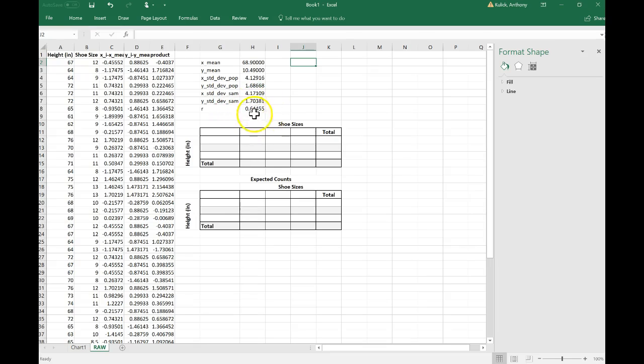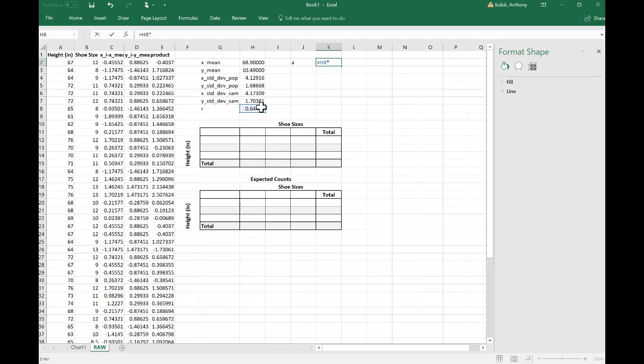I would say 0.6 is just kind of on the borderline of whether you should do it or not. So I'm going to do it just to demonstrate how to do it. But in general, if you had an R value that was bad, you would not want to do this part. And you would say that you don't want to do that.